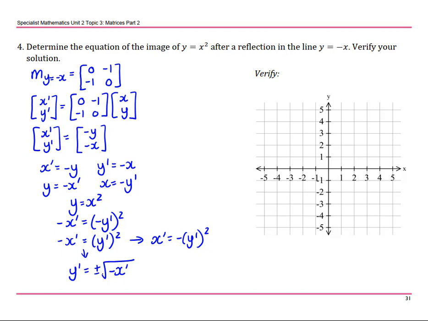And then sketch. So y equals x squared. And the reason for going to this version of the equation is you can see it's a sideways parabola that's reflected in the y-axis, which makes it a little bit easier to draw.